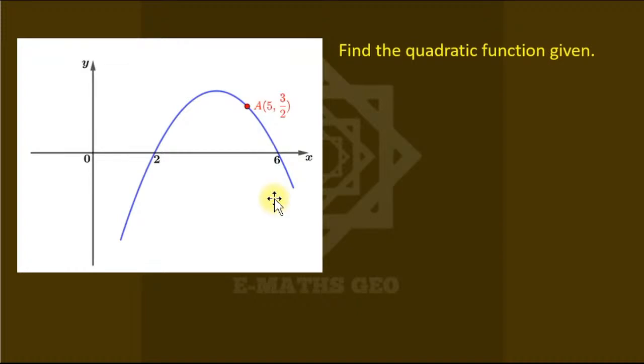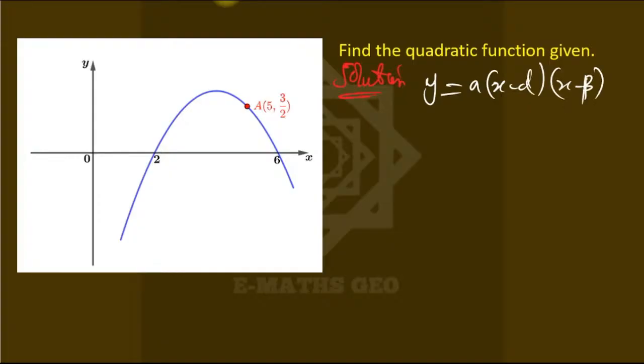Now we use our formula, y equals a times (x minus alpha) times (x minus beta). From the diagram, alpha is 2, so x minus 2, while beta is 6, so x minus 6.